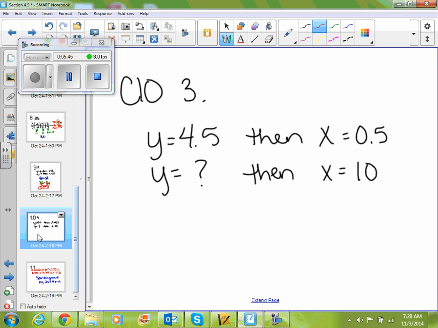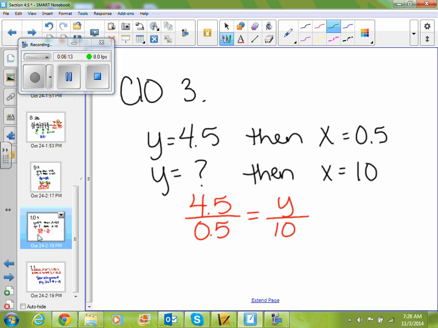We're going to do the same thing for the second example, example 3b. So I have y equals 4.5, then x is 0.5. If we don't know what y equals, then we know that x is 10. So I know that when y is 4.5, x is 0.5. And I know that when we don't know what y is, x is 10.